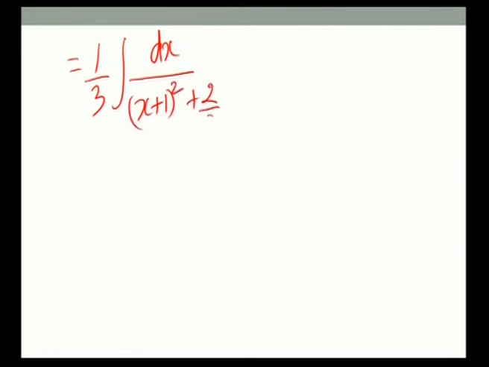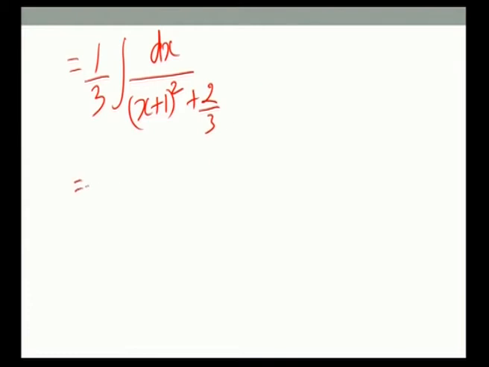So the integration will become 1 by 3, where this 3 came by taking the coefficient of x square out, times integral of dx over x plus 1 the whole square plus 2 by 3.